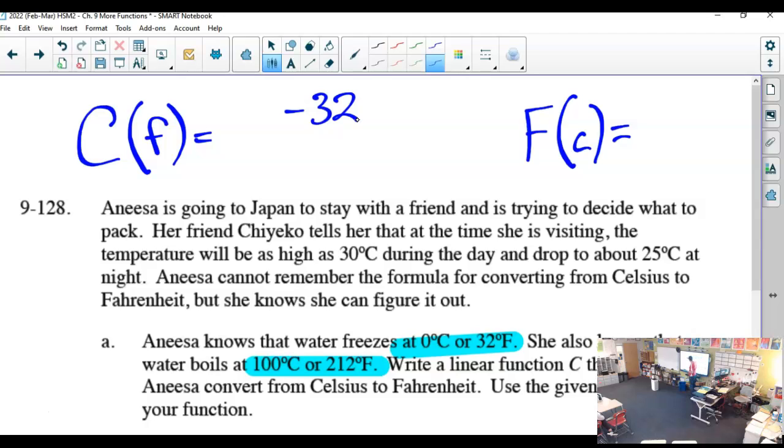Wait, we can see 212 degrees Fahrenheit is bigger than 100 degrees Celsius. So there should be more Fahrenheits per Celsius. So if F is going to be over here, is it 9/5 or 5/9? 5 9. So does that work, or do we have to change when we divide by 9? Because at 0, this obviously doesn't do anything. Yeah. Right.